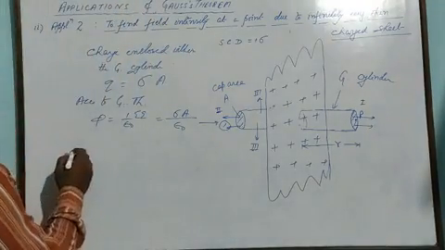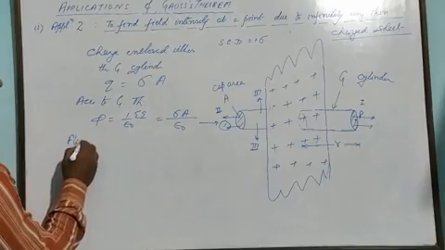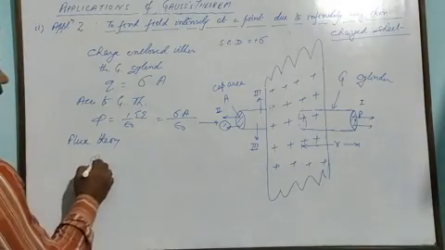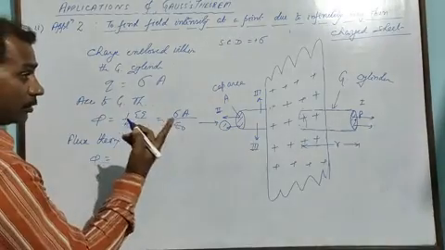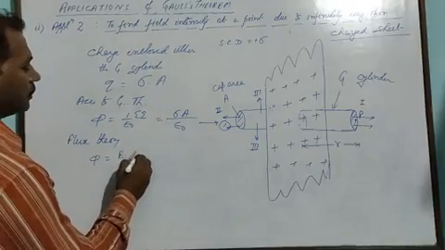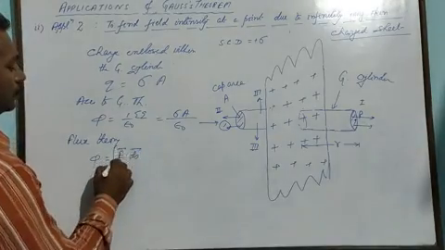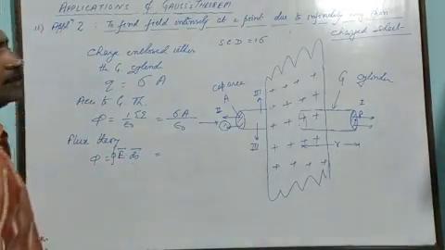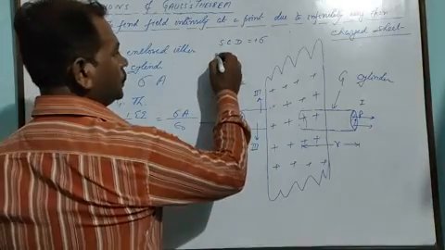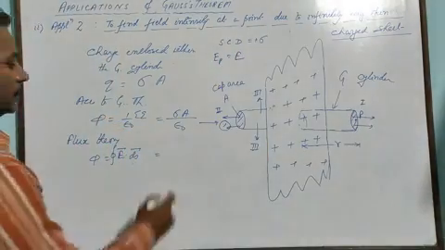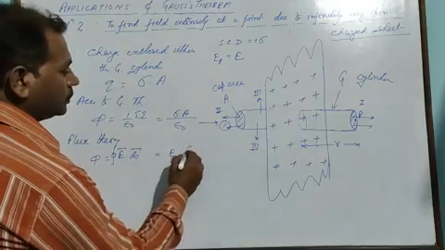That's why, according to flux theory, the net flux coming out through the Gaussian surface will be equal to, the field intensity at P is not known to you, so let it be E.